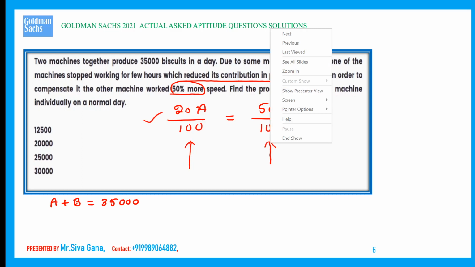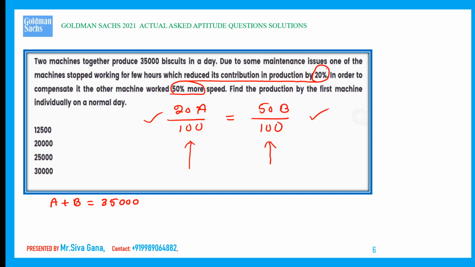This is 20%, this is 50%, machine A and machine B. Now from this, 100 gets cancelled, 0 gets cancelled. We will get B is equal to 0.4a. Okay, if we substitute this, B is equal to 0.4a.